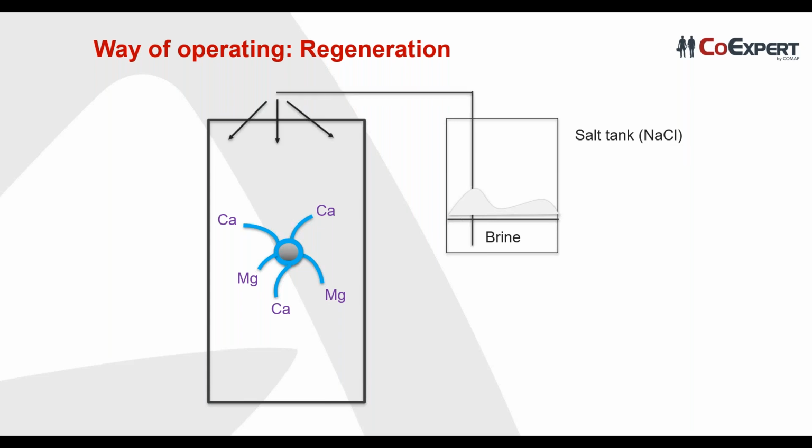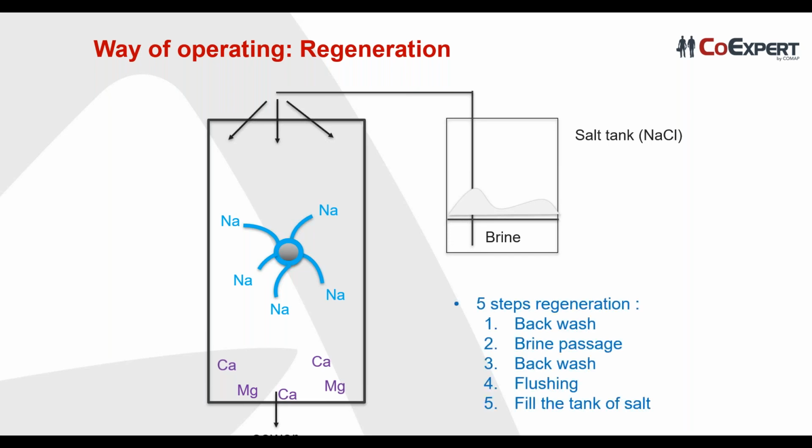When the brine runs through the resin, the opposite process is performed. That means calcium and magnesium are released from the resin, and natrium is again caught by the resin.